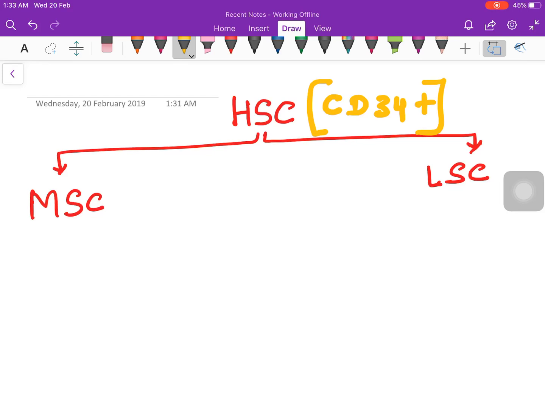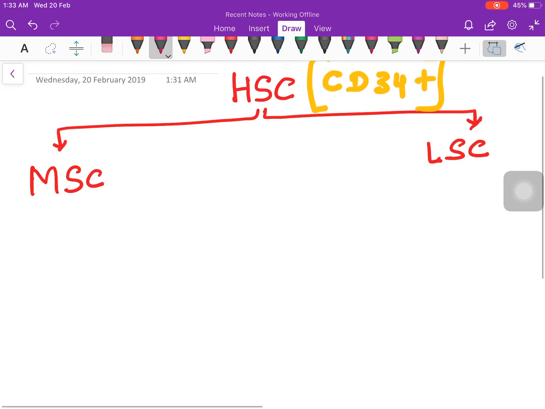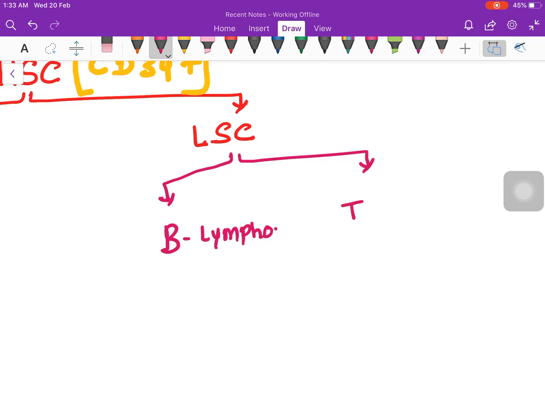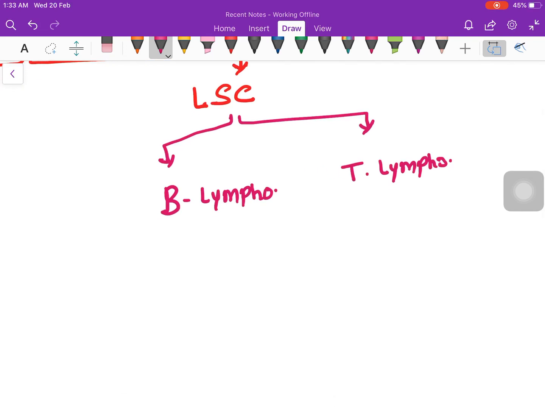We classify them into two types, that is myeloid stem cells and lymphoid stem cells. The lymphoid stem cell is further classified as B lymphocytes and T lymphocytes.